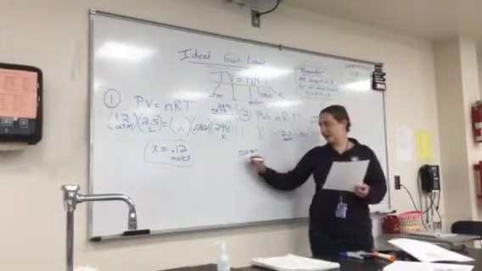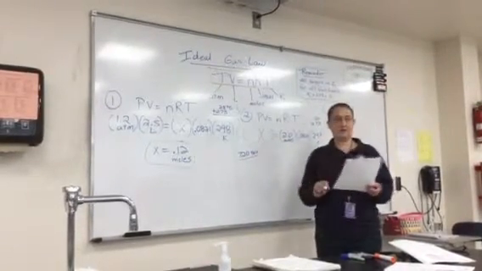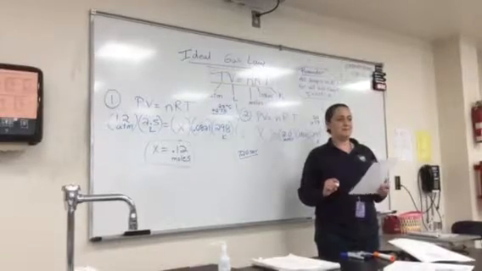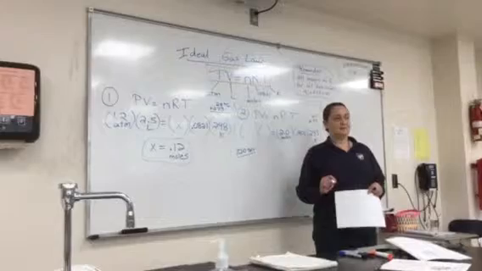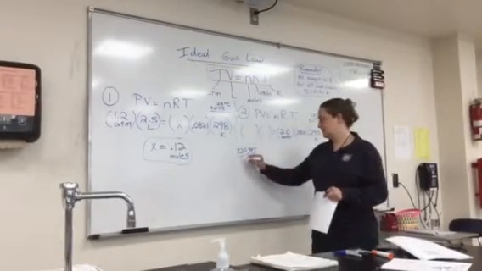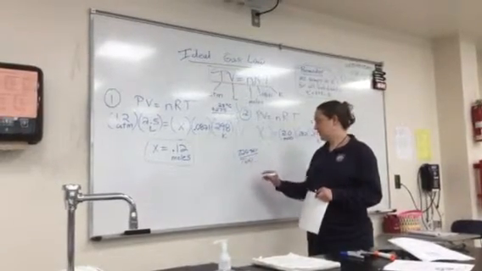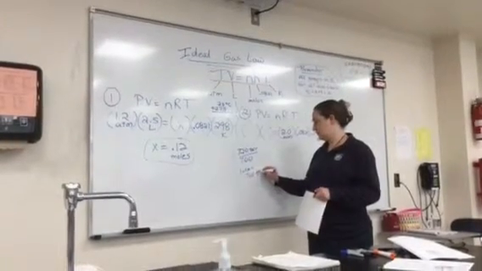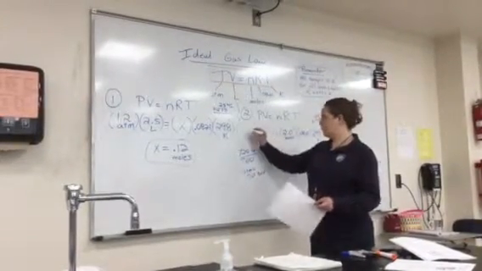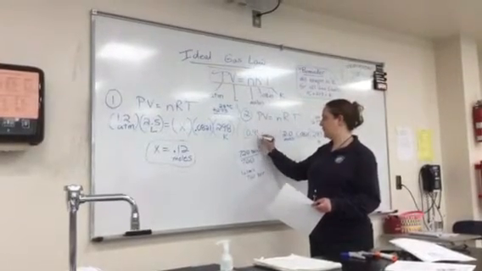What do we divide by? I don't know if anybody remembers from the other day. Standard pressure. 760. Because 1 ATM equals 760 torr. So that's going to give us 0.95.